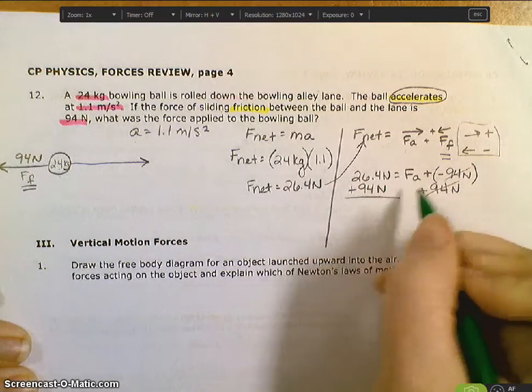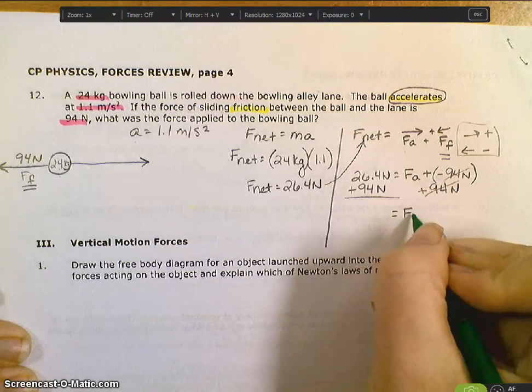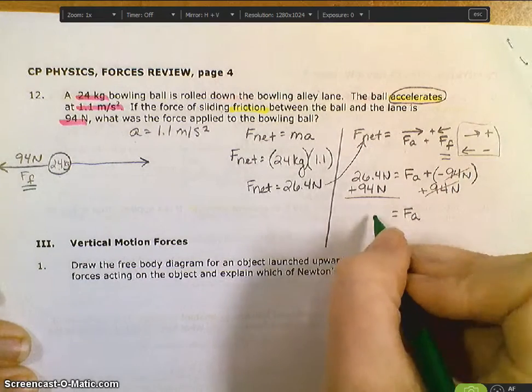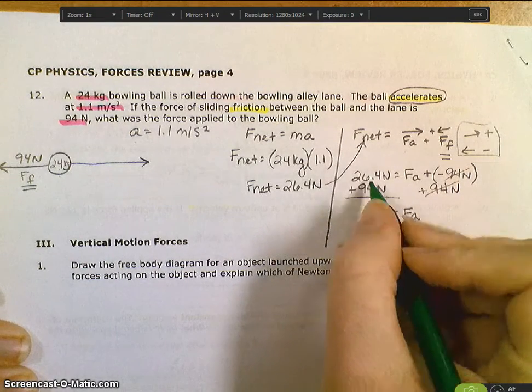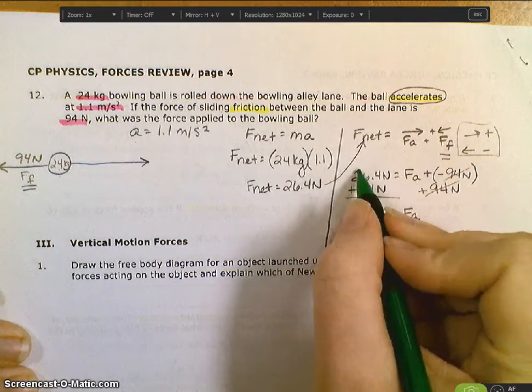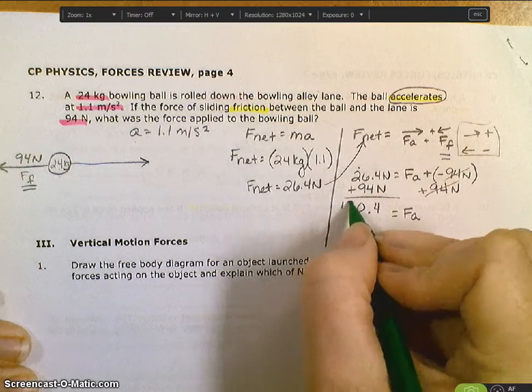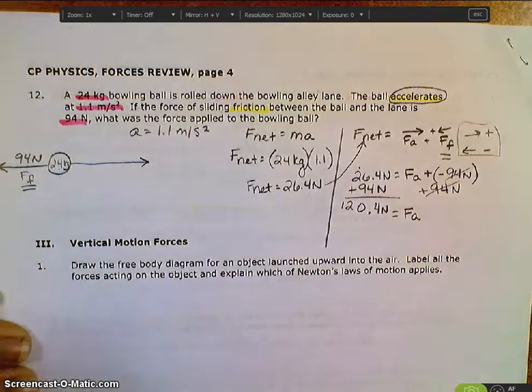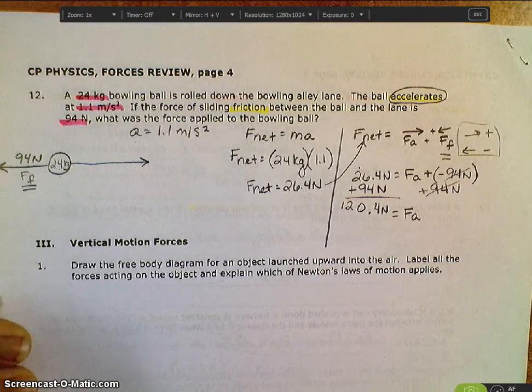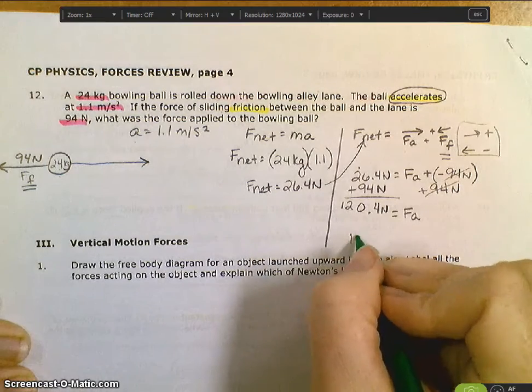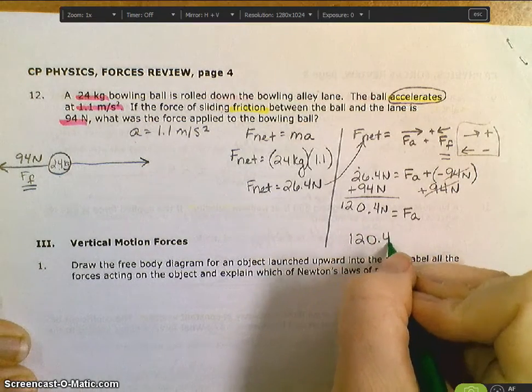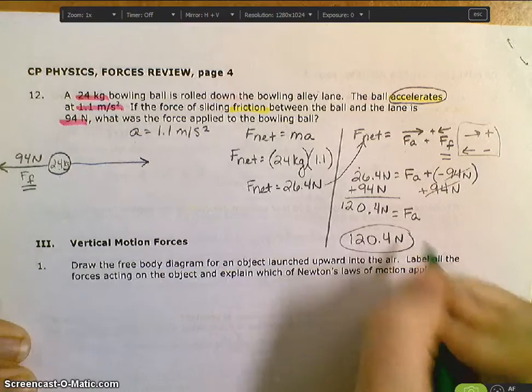Means we have to add 94 on the other side. So I add these, and I get an applied force of 120.4 newtons. I rewrite it because I don't like how it looks. Done.